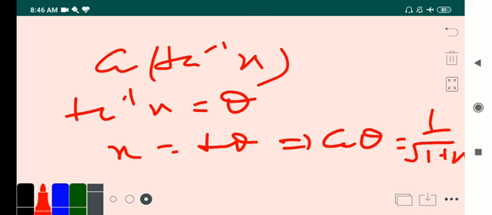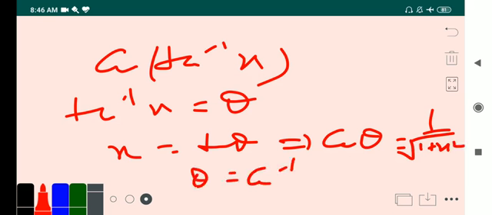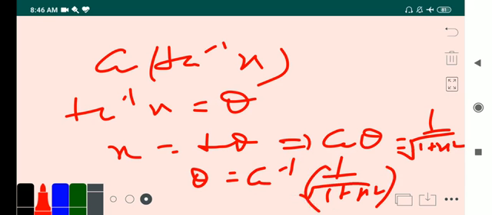As we have proved right now, cos theta is 1 upon under root 1 plus x square. So theta equal to cos inverse 1 upon under root 1 plus x square. So tan inverse x in short can be written as cos inverse 1 upon under root 1 plus x square.